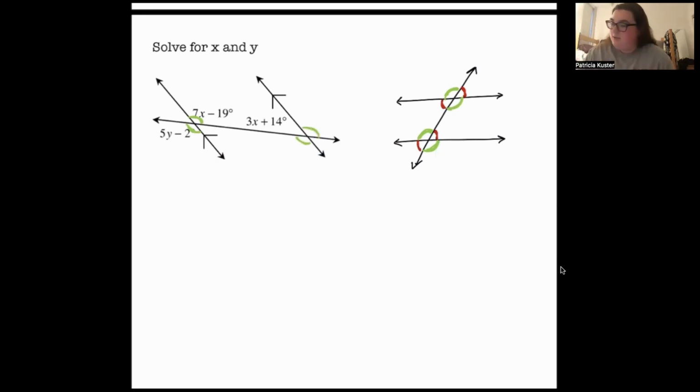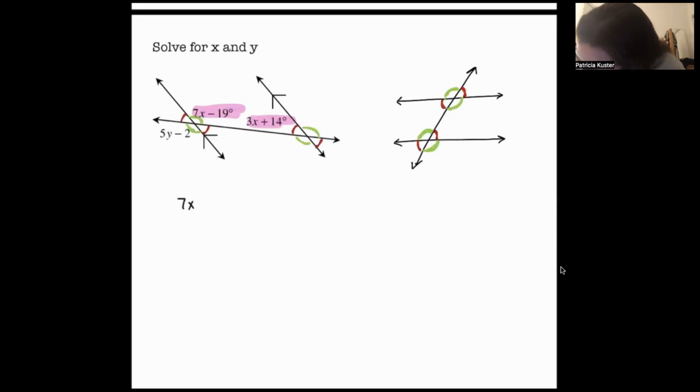Angles greater than 90, which means that these ones are acute. So what you can do with this information is the acute plus the obtuse equals 180. So these two angles add up to 180 because you see how one is green and one is red. One is acute, one is obtuse. So these would add up to 180.